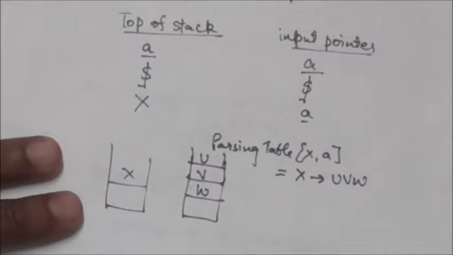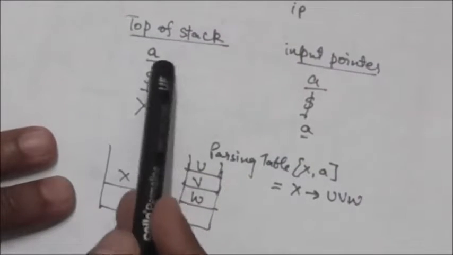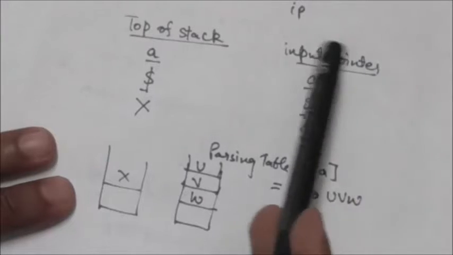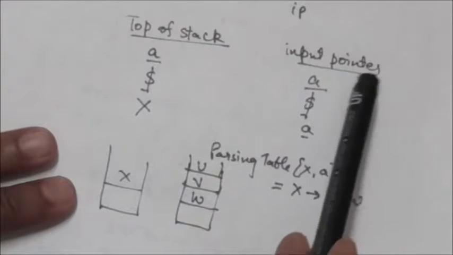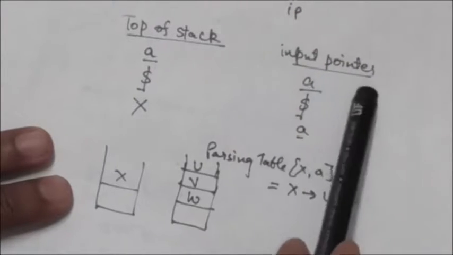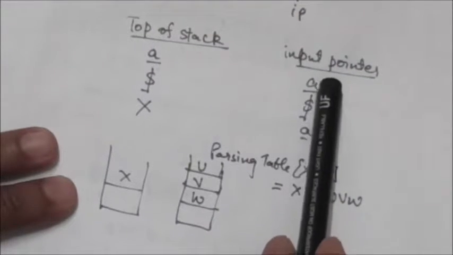Now see, suppose at the top of the stack there is some terminal symbol A, and the input pointer points to the terminal symbol A in the string for which we are doing syntax analysis.